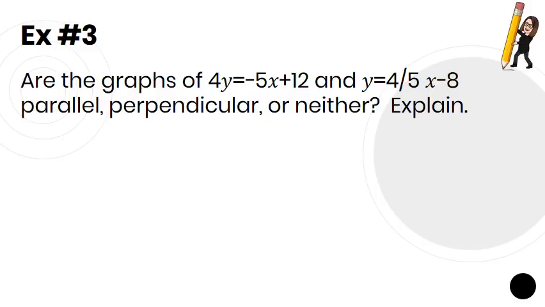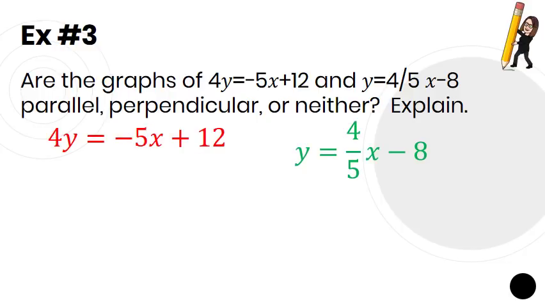All right, let's take a look at some more examples. Example 3. Are the graphs of these two equations parallel, perpendicular, or neither? So first let's write down just the two equations. Now if you'll notice on that red equation, I don't know what the slope is yet because I haven't isolated the y.